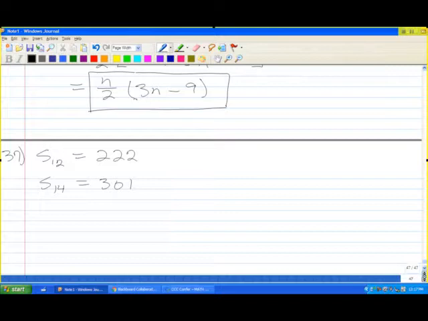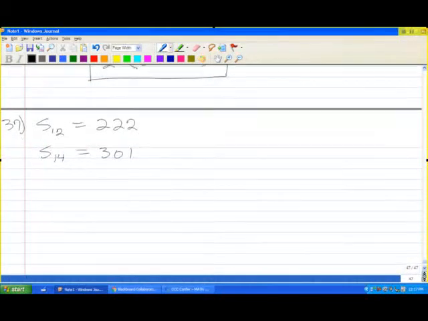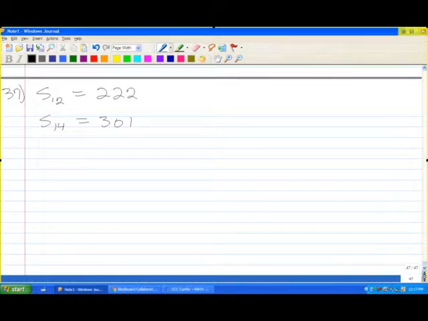The formulas are very similar, so let us use the following formula. Note that S sub n is equal to n over 2 times, well, I'll know what n is in this case, but I won't know the nth term. Since I won't know the nth term, I'll use this formula.